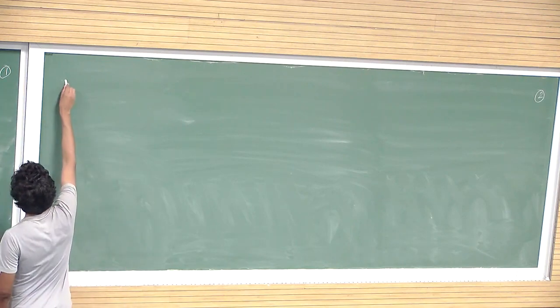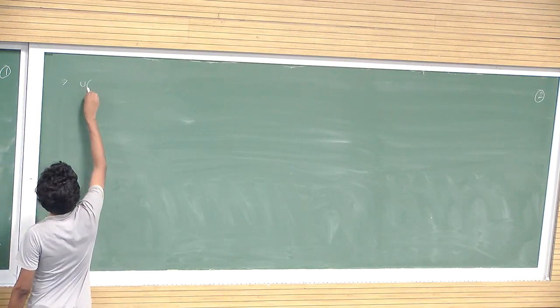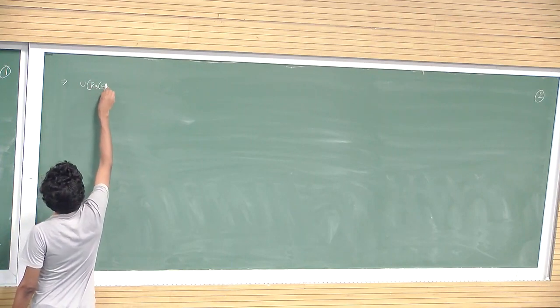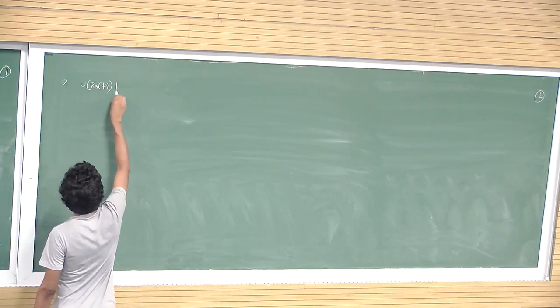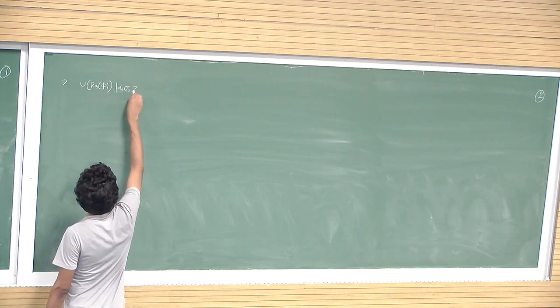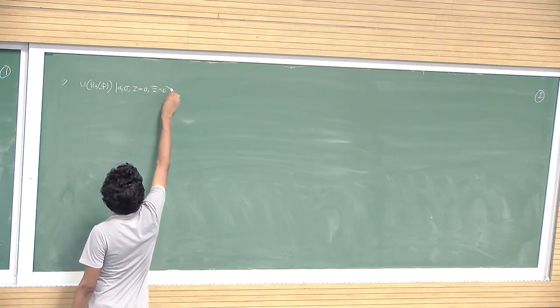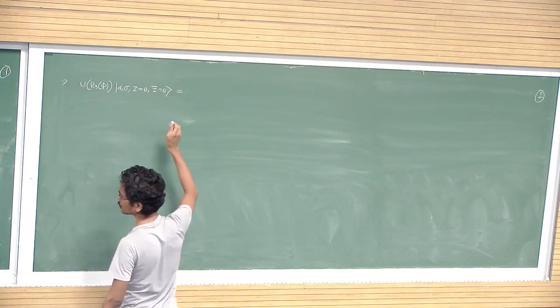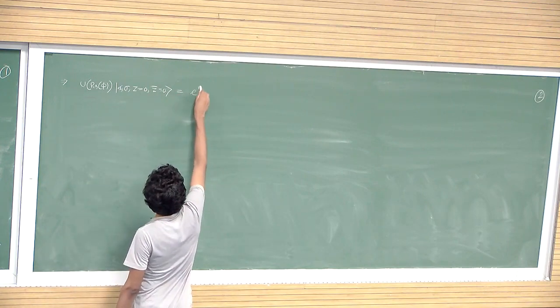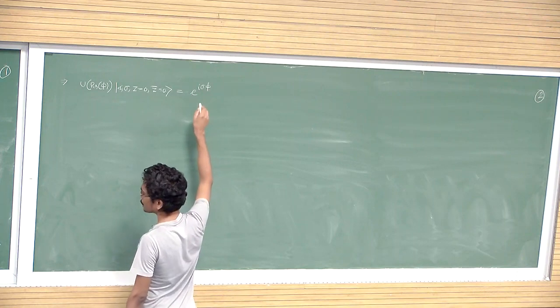So that implies U(R3(phi)) acting on |delta, sigma; z = 0, z bar = 0> is e^{i sigma phi} times the same state.